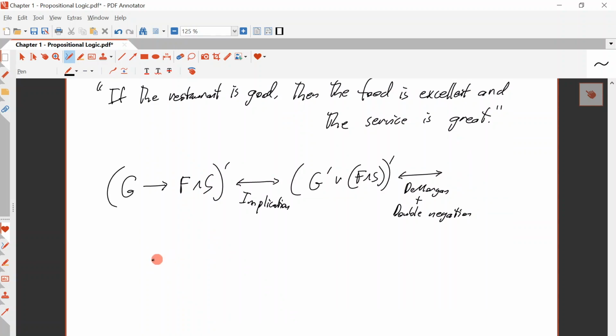And this is going to become G and not F and not S. Right? The or becomes an and. This gets negated. That gets negated. Now I'm going to use De Morgan again. And this is going to be G and not F or not S.